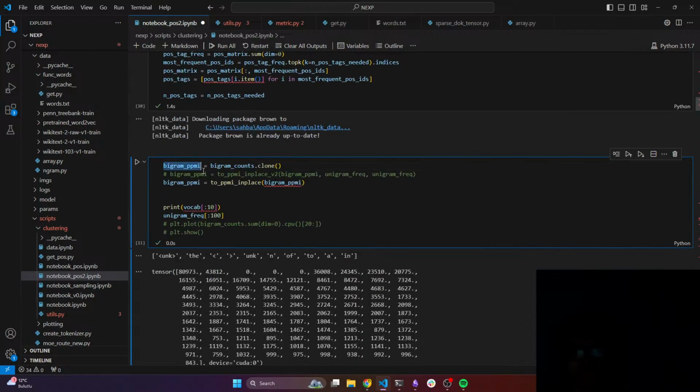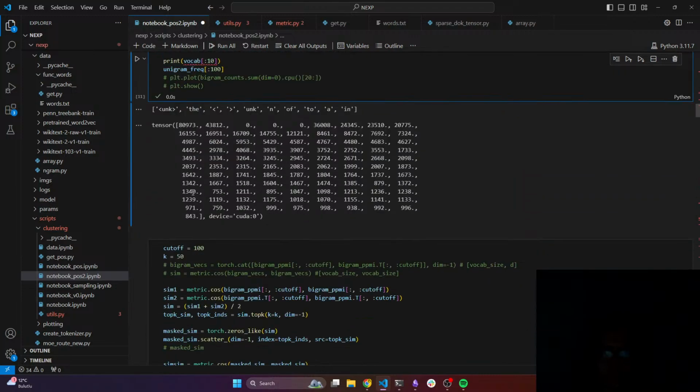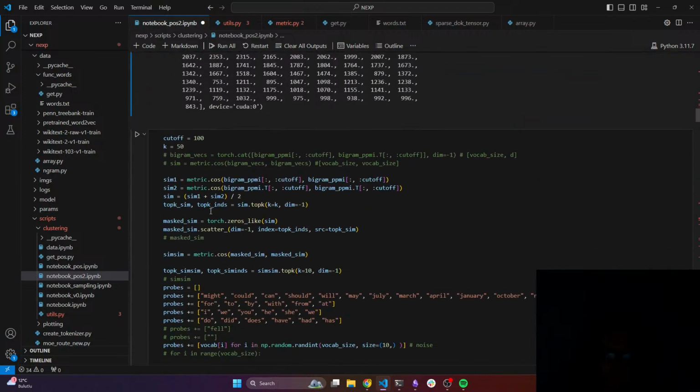We make a count frequency distribution, a frequency matrix, a collocation matrix, and then we turn the collocations into PPMIs, positive pointwise mutual information. The PPMIs are our word vectors, and then we do this similarity calculation.